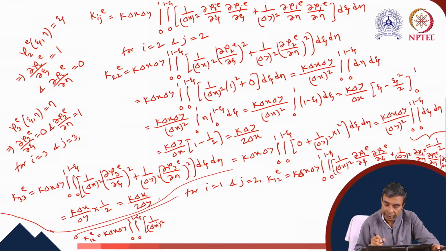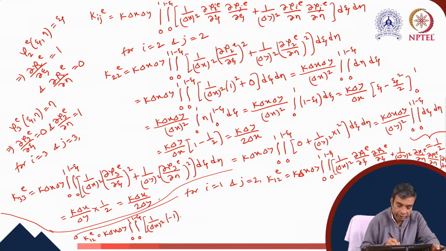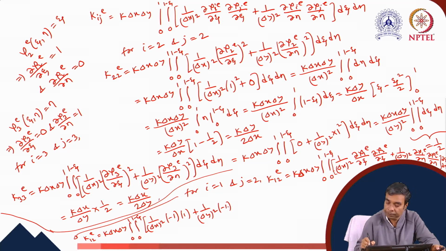Now del psi 1e del xi, we know that this is minus 1, del psi 2e del xi, this is 1, plus 1 by delta y whole square, del psi 1e del eta, we know that this is minus 1, and del psi 2e del eta, this is 0. So the second integrand portion will become 0.